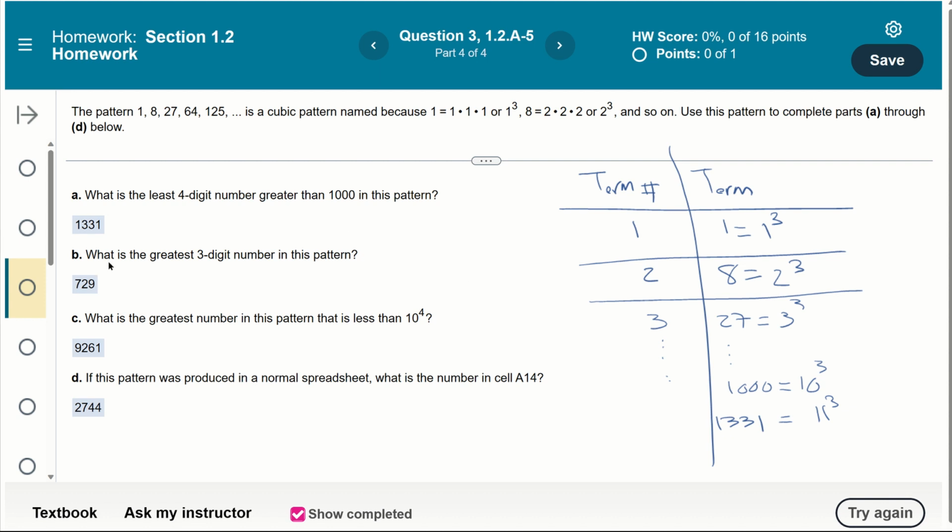So this next question wants to know what's the greatest 3-digit number in this pattern. Well, we know that as soon as we hit 1,000, we've entered the zone of 4 digits, right? So the greatest 3-digit number is going to be the term that comes right before that, right? Now notice 1,000 itself is 10 cubed. So basically we're looking for 9 cubed.